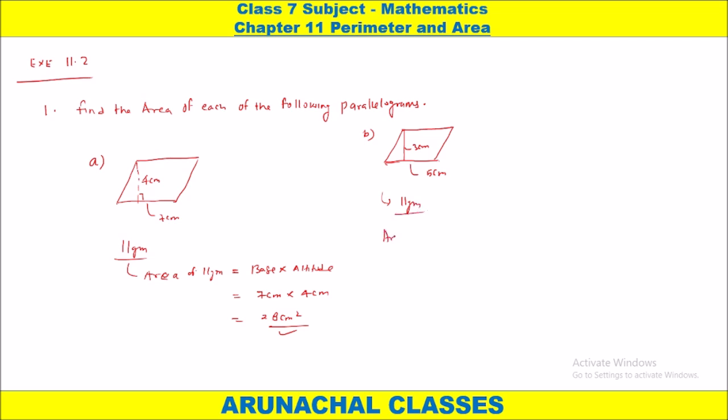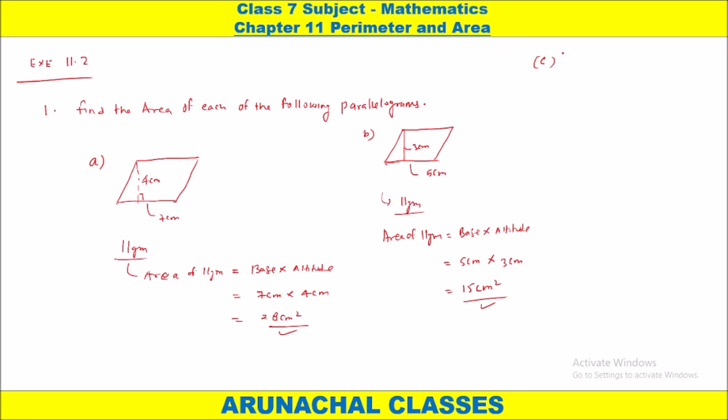To find the area, we need the formula, base multiplied with altitude. Base value is 5 centimeter and altitude is 3 centimeter. 5 times 3 is 15 centimeter square. So this will be the area for this parallelogram.